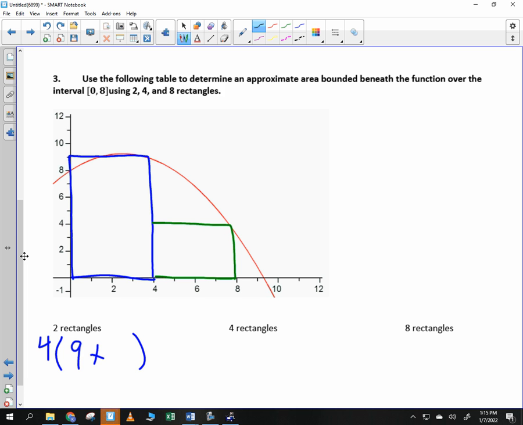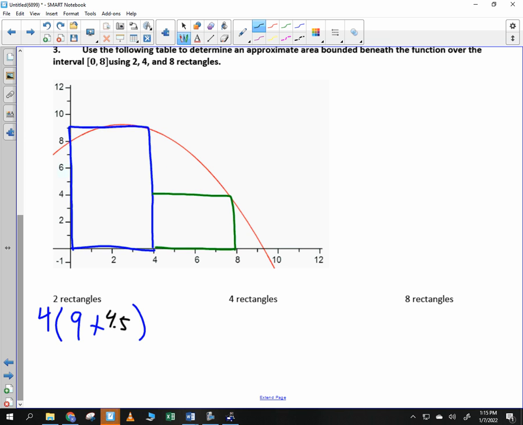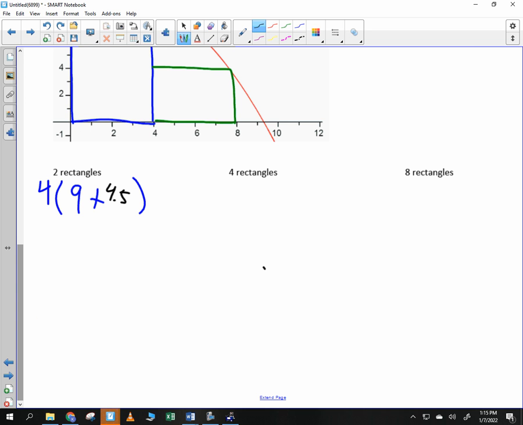I think 3 or 4 or 5 all could be estimations. I'm going to use 4.5 because I like to be different. I'm a different cat, some people say. 9 plus 4.5 is 13.5, and 13.5 times 4 is 54.